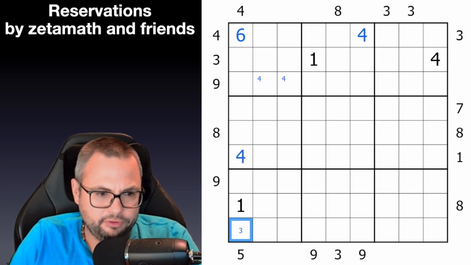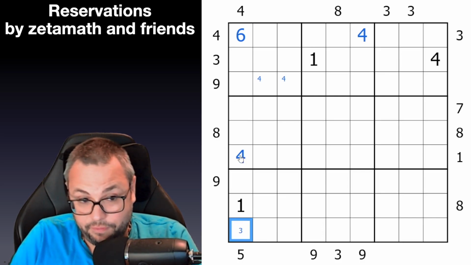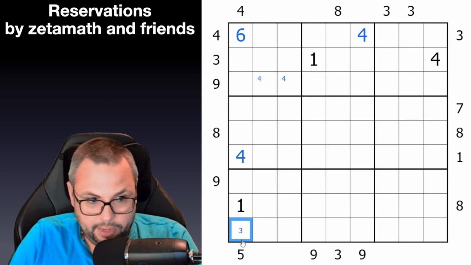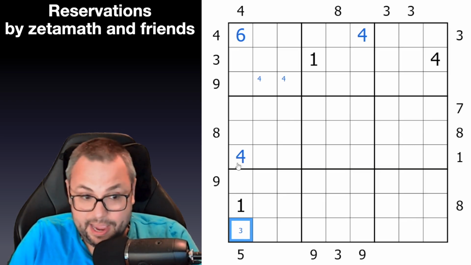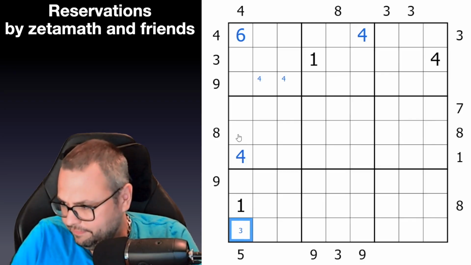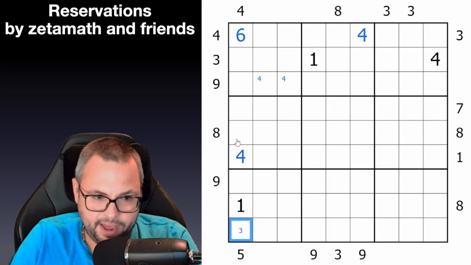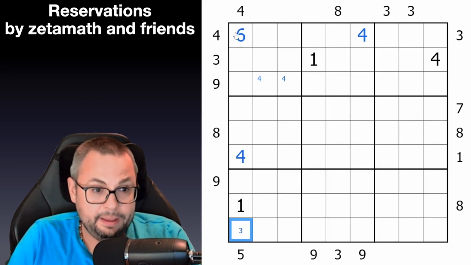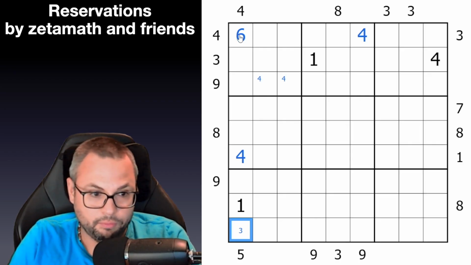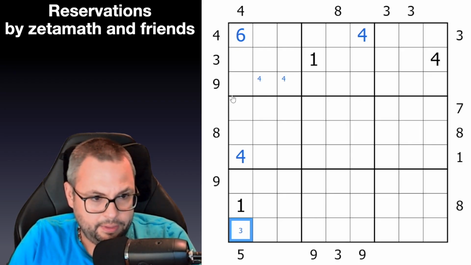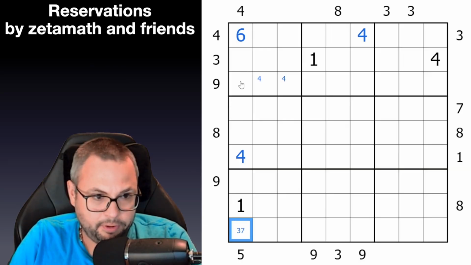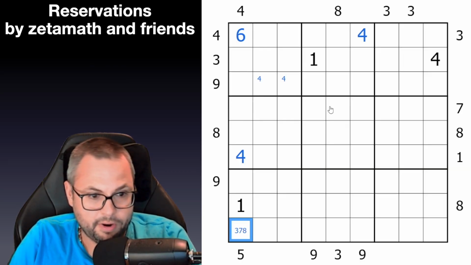I think this could plausibly be a 3. It certainly can't be a 4. It can't be a 5 because I would place the 5 in the 5th spot, and that's too many 5s in the column. It can't be a 6 because there's one up here already. It looks to me like it plausibly could be a 7 or an 8.